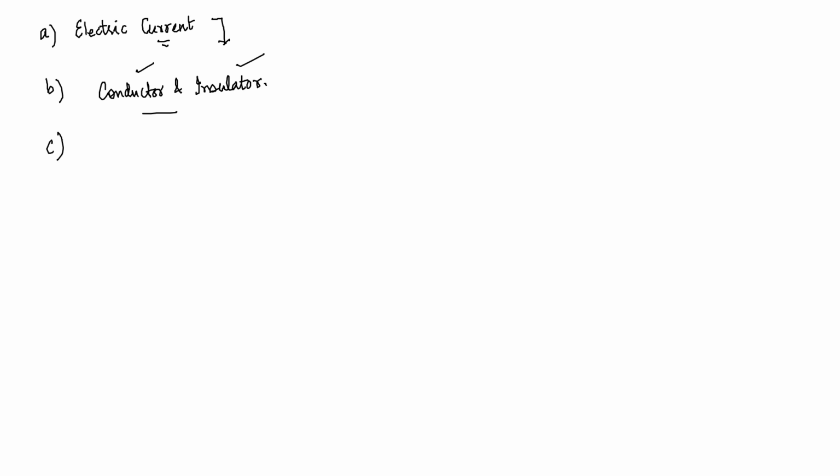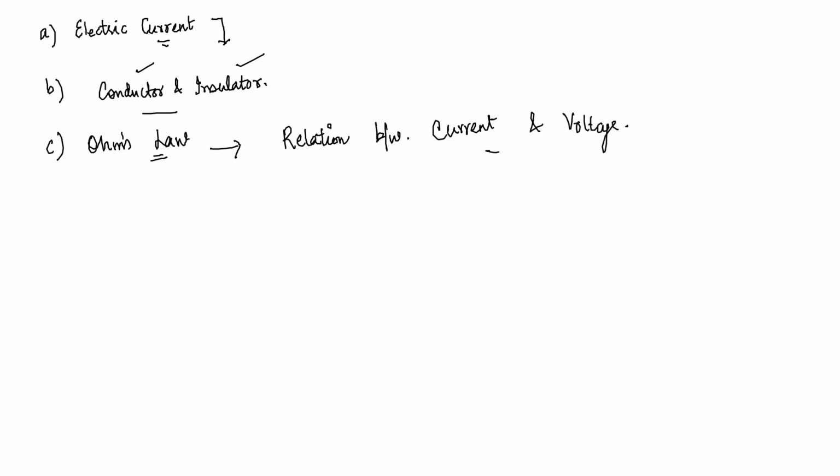Then the next thing we are going to read is Ohm's law. Ohm's law is a very important law derived with respect to electric current, and it gives us a relation between current and voltage. Always remember, Ohm's law gives us the relation between current and voltage.